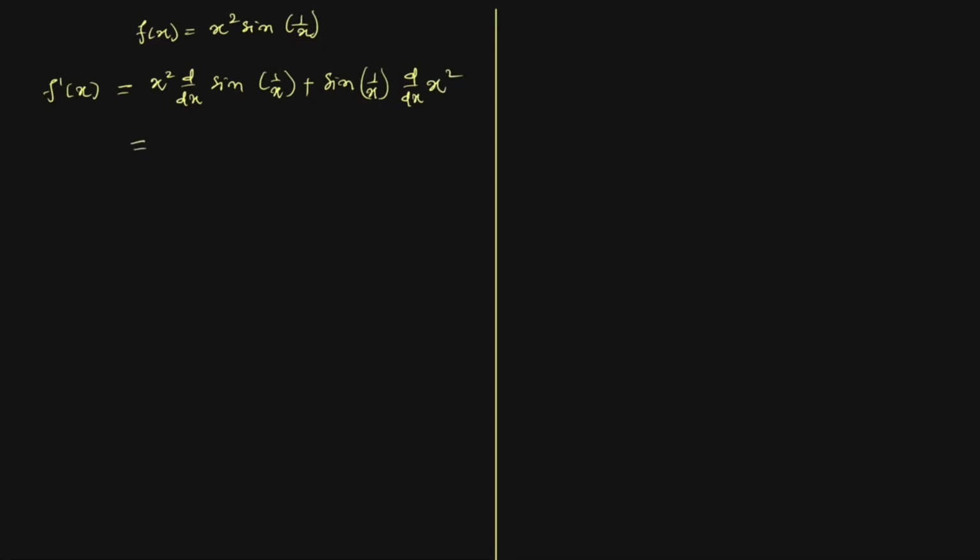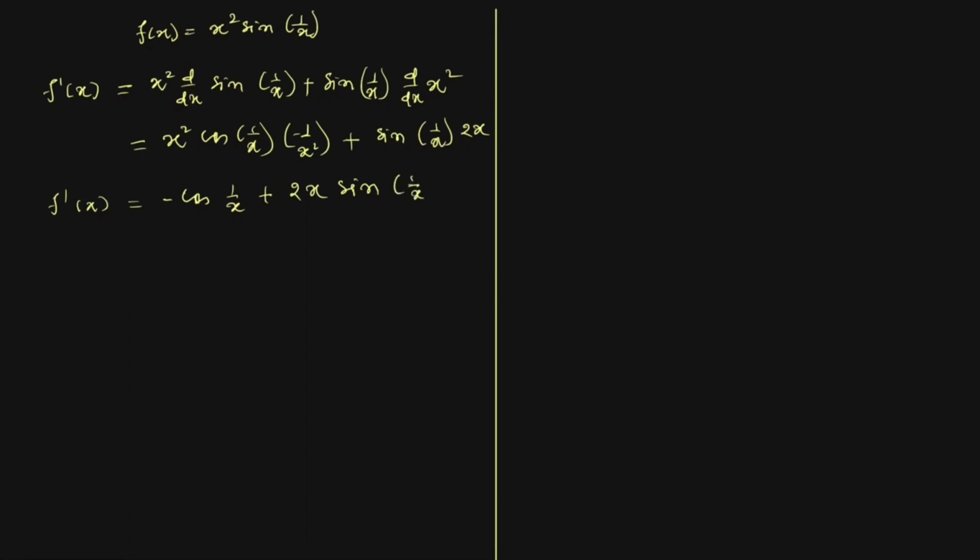If we solve this, then we will get x square cos 1 by x into minus 1 by x square plus sine 1 by x into the 2x term. Now we cancel this with this term, then we write f dash x, which is equal to minus cos 1 by x plus 2x sine 1 divided by x.